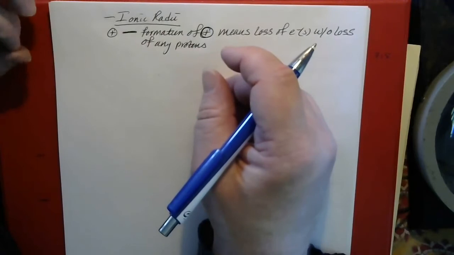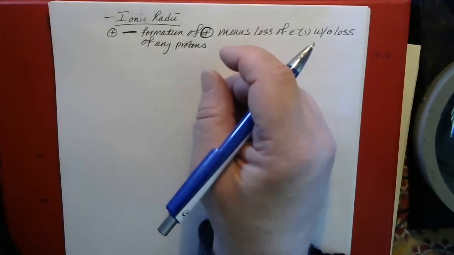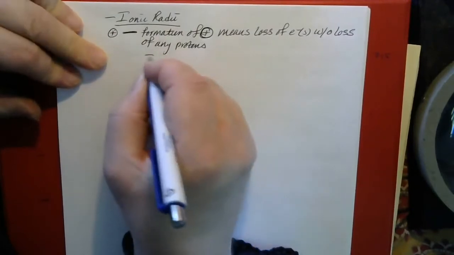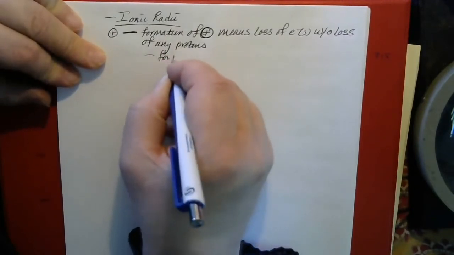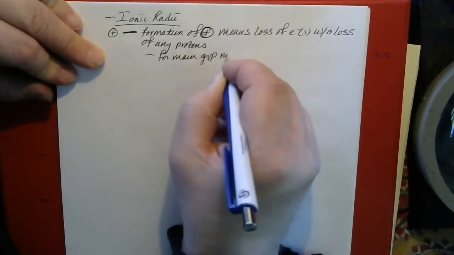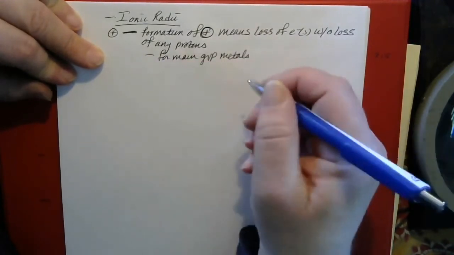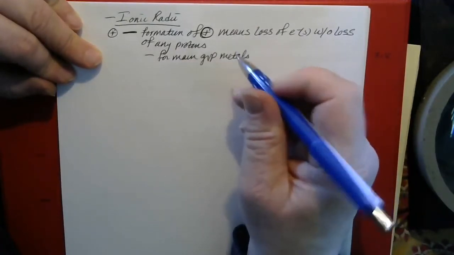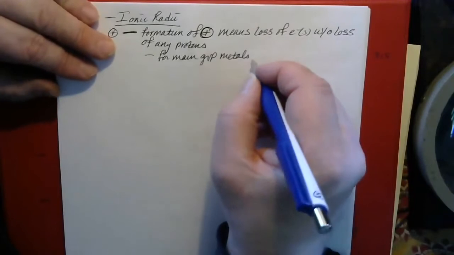So for the main group metals, which are the main group elements that form positive ions, ion formation means loss of the entire valence shell.